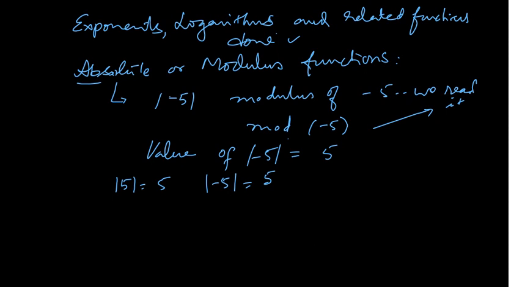So an absolute function means that instead of a number, you will have something like f of x equal to mod x. This does not mean that it is equal to x. Instead, f of x will always be positive.